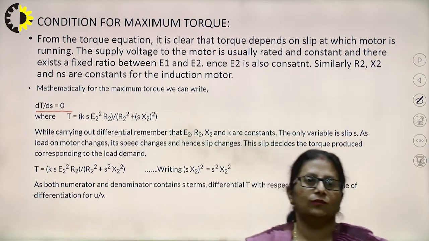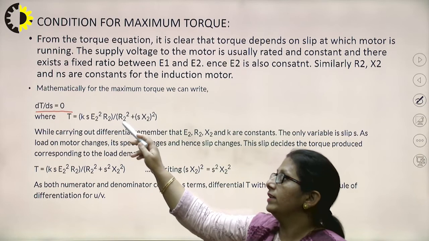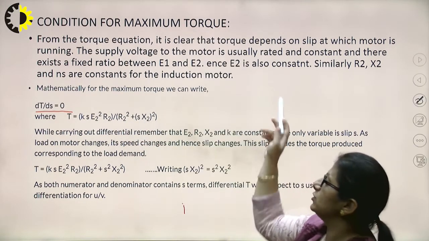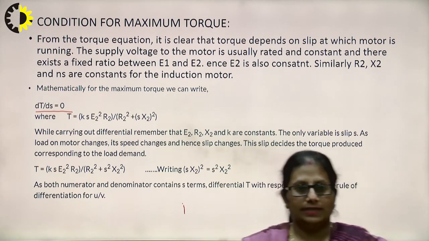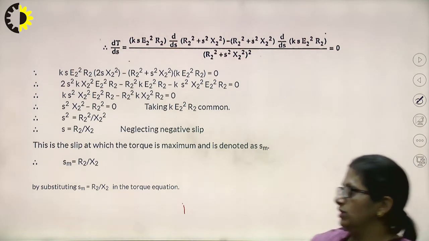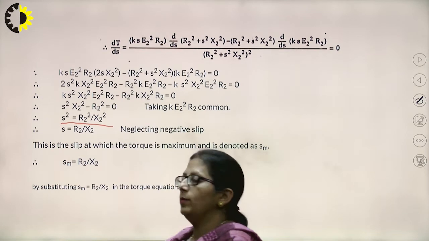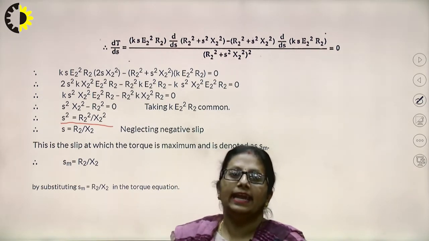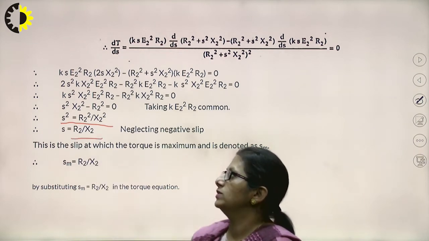So, the expression for the torque is K times S E2 square R2 divided by R2 square plus S X2 whole square, and just differentiating it with respect to slip and equating it to 0, we'll have the expression S square is equal to R2 square divided by X2 square, right. Obviously, neglecting the negative slip, the positive value of the slip has to be R2 upon X2.